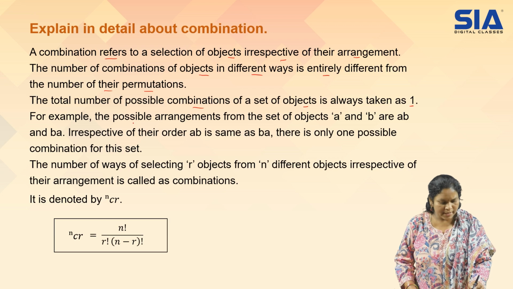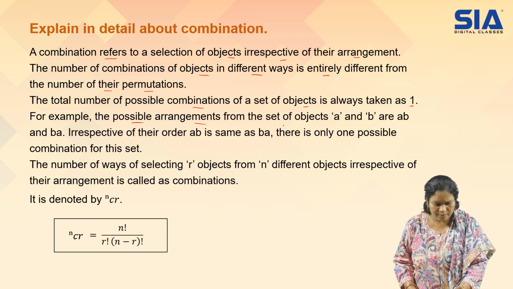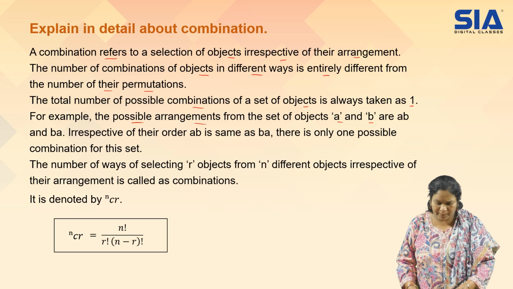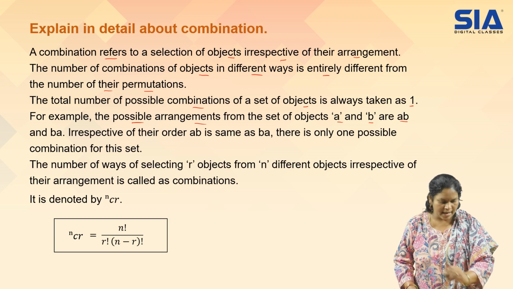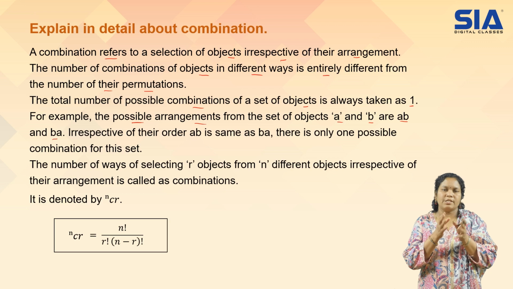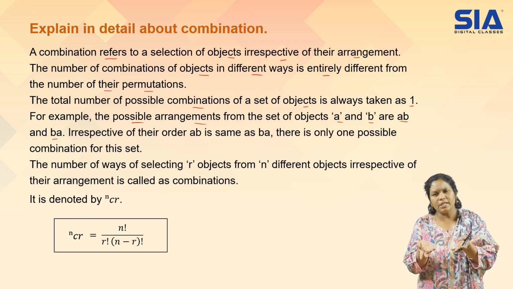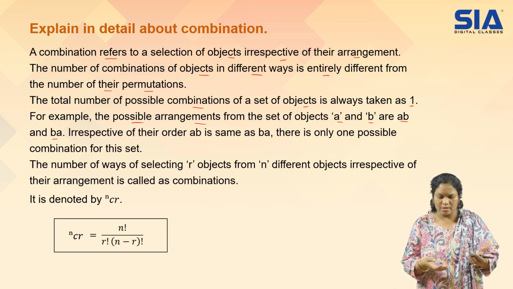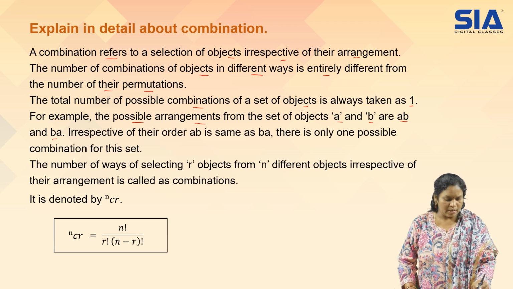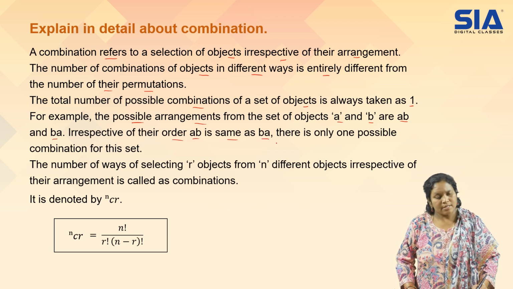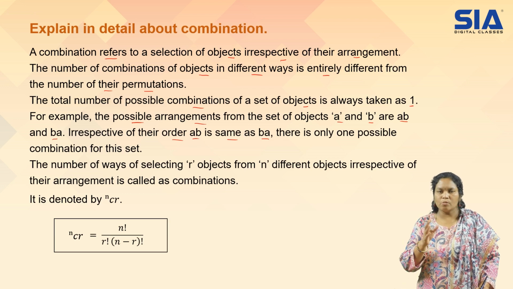Now, for example, the possible arrangements from the set of objects A and B are AB as one set and BA as another set. Arranging together, A I have, B I have. How to arrange? Simply two ways you'll get. That is the AB combination and the BA combination. That's an example here. Irrespective of their order, AB is the same as BA. Just now we discussed that there is no rule on how to arrange.